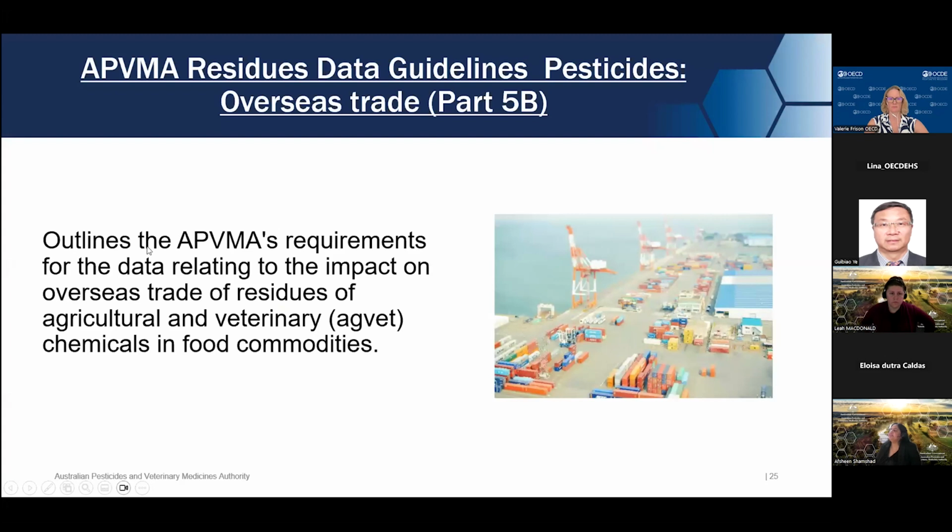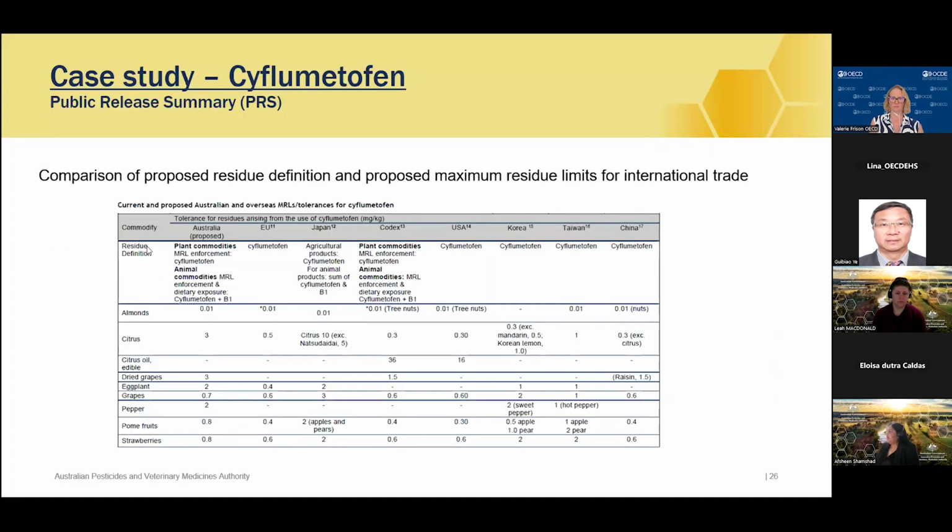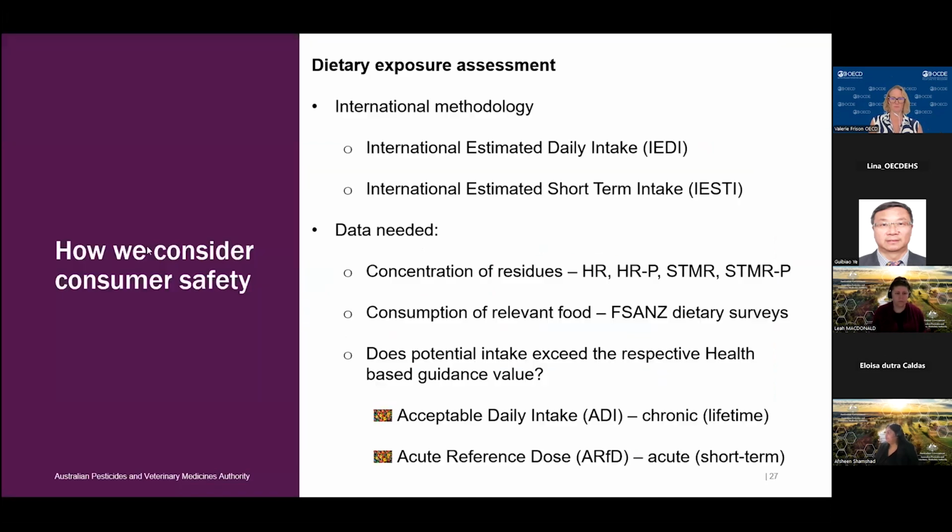The next part in establishing the MRLs is the overseas trade. The APVMA's residue data guidelines part 5B outline the APVMA's requirement for data relating to the impact on overseas trade. We compare our proposed residue definition and the proposed MRLs with the overseas export markets. This is just one example.